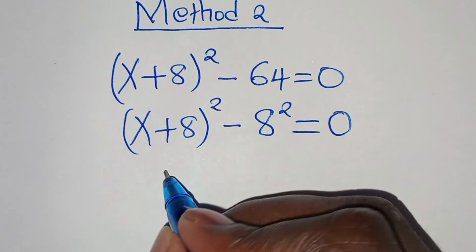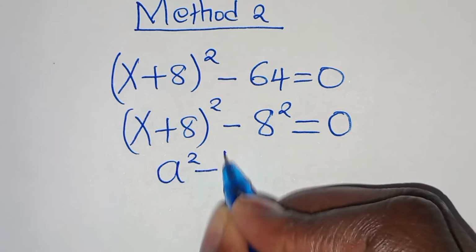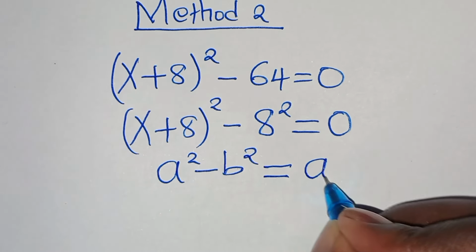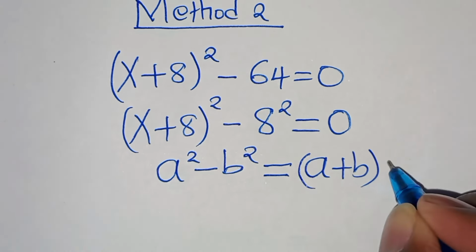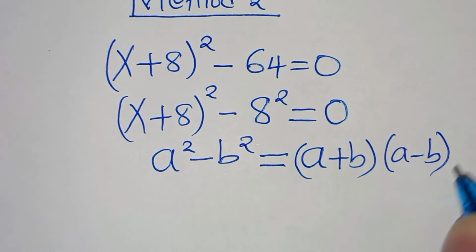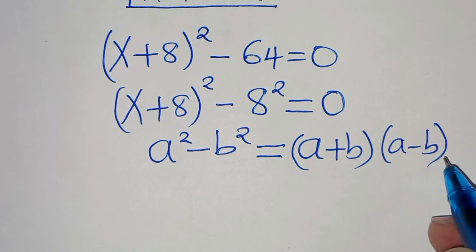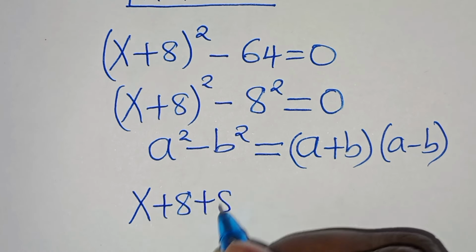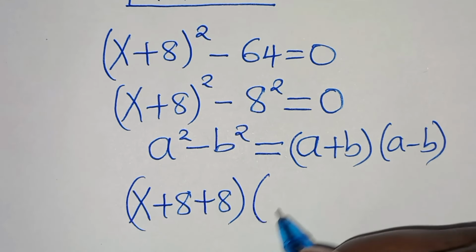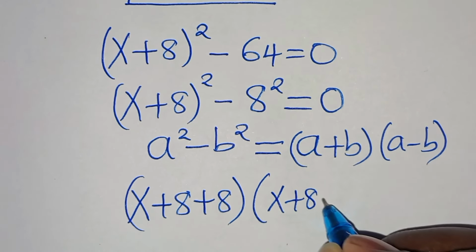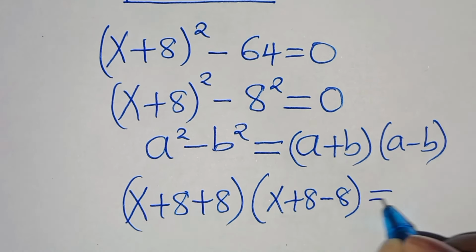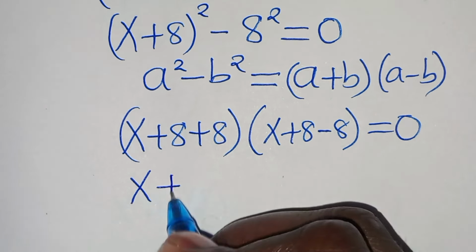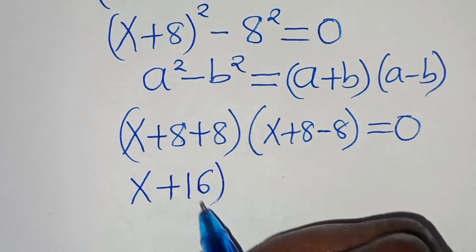This equation is in the form of a^2 minus b^2. This is the difference of two perfect squares that we can express as (a + b) multiplied by (a - b). Applying this identity, we have (x + 8 + 8) multiplied by (x + 8 - 8) equal to 0. So x + 8 + 8 is x + 16.